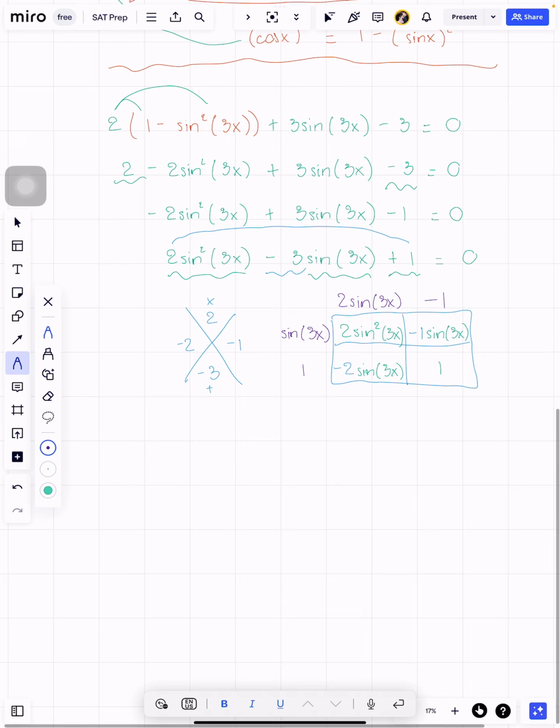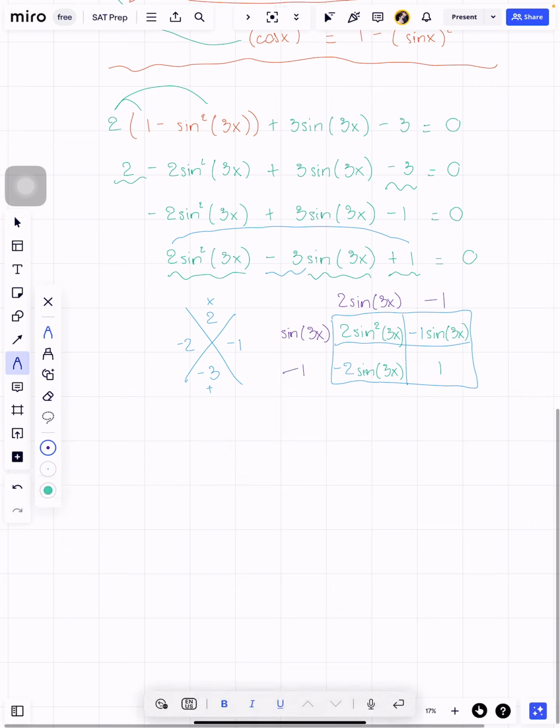Now let's double check if we have everything correctly put down in the box. So 2 sine 3x times 1, I should have 2 sine 3x on the inside, but I don't. I have a -2 sine 3x. Uh-oh, there's something wrong. So you have two options. You can either make this negative or you can make this negative.